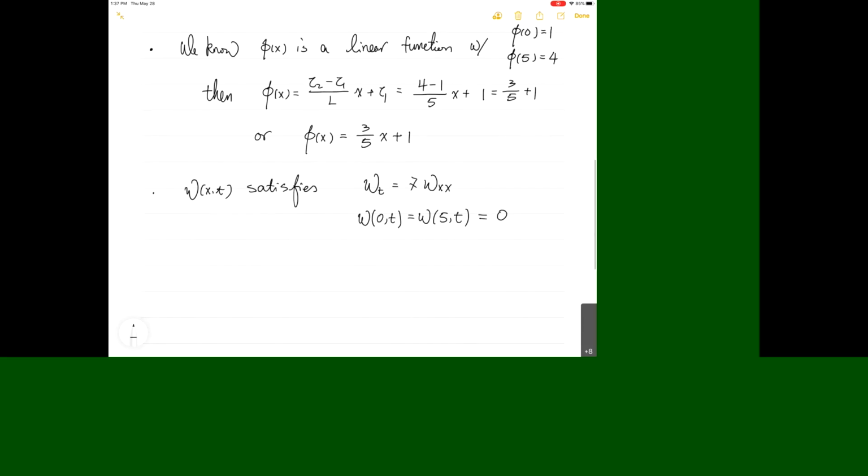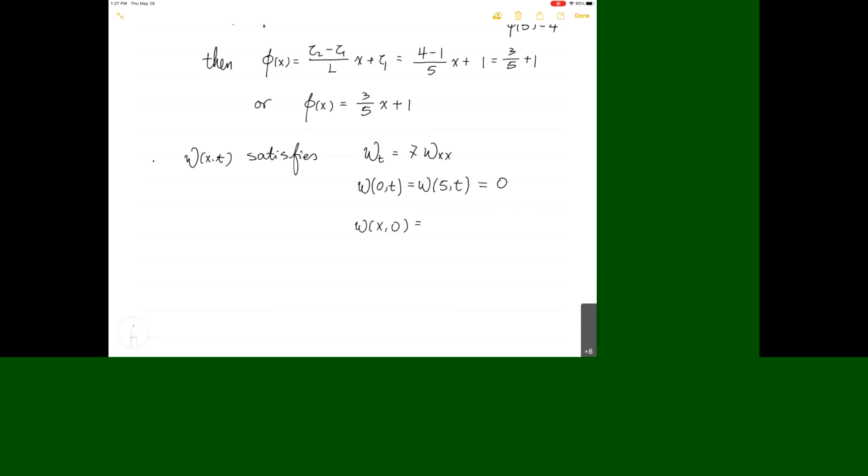And then what is the initial condition? The initial condition, we need to think about it. Let me write it on the other side. Recall this change of variable: u equals w of x, t plus phi of x, right?